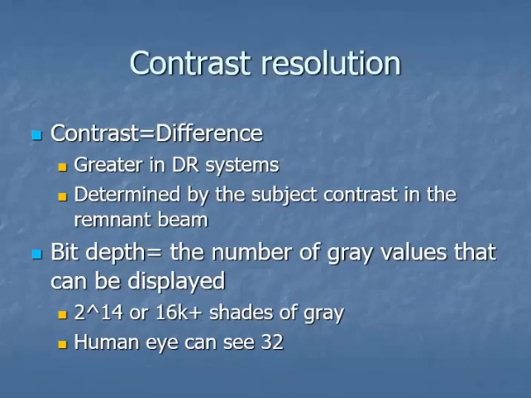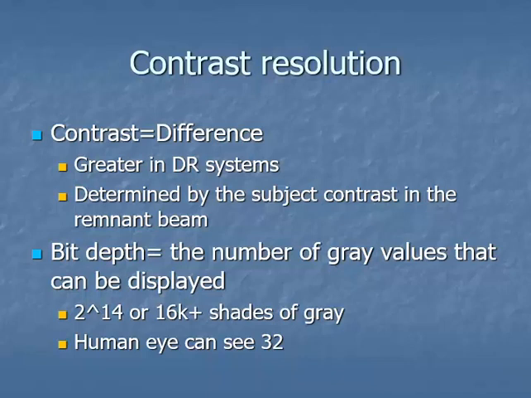So contrast resolution, remember contrast means difference. So the higher the difference and the more obvious the difference in your densities are, the more contrast you have. So more black and white means more contrast. Contrast resolution is greater in DR systems, and it's determined by the subject contrast in the remnant beam.